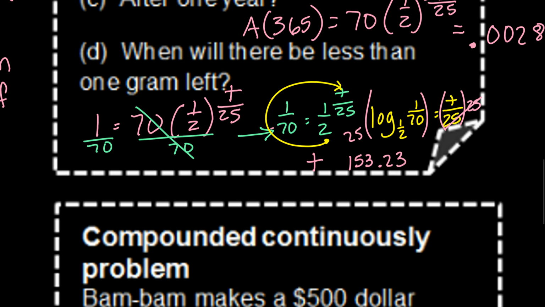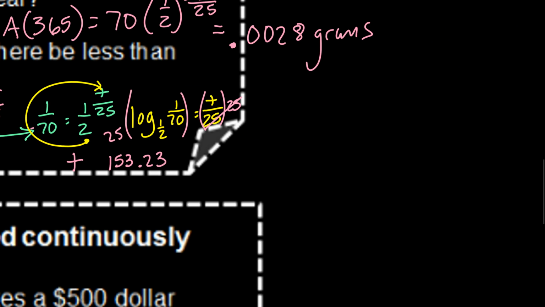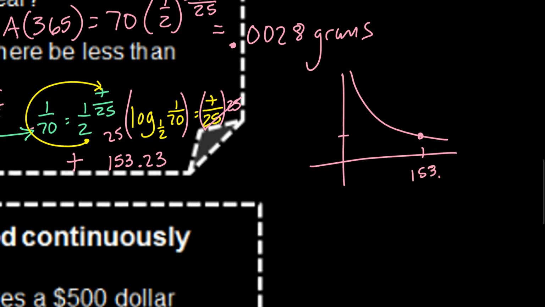Do I want t to be more than or less than this value? More days. If you're thinking about this on a graph, we know that this is a decay, half-life. So at this point, 153.23 is our time. At that point is where it becomes less than 1.